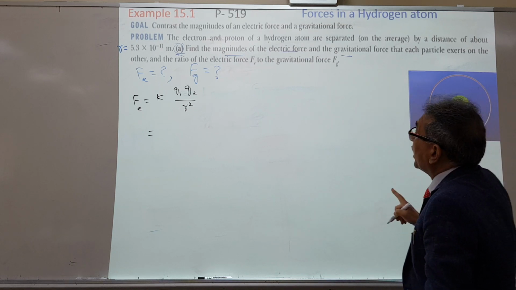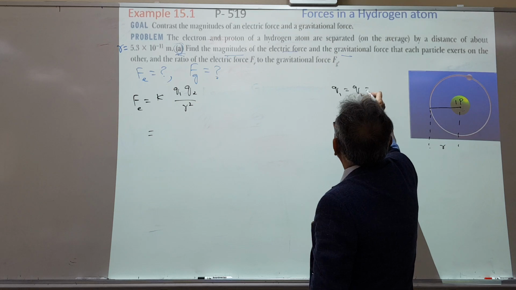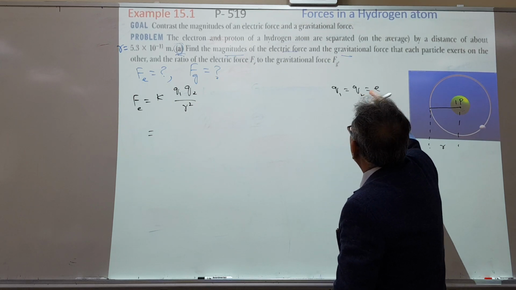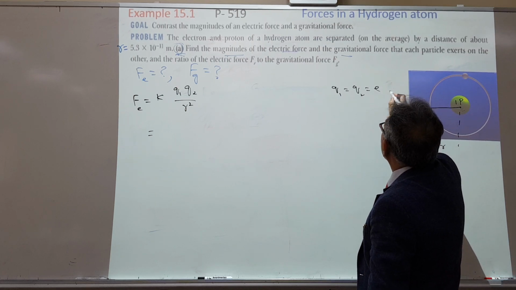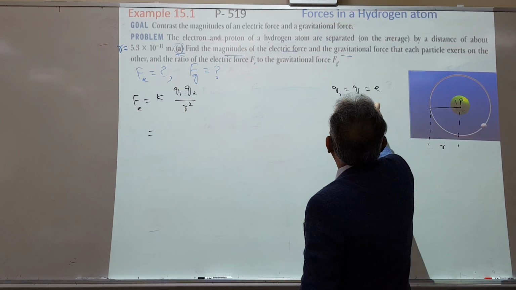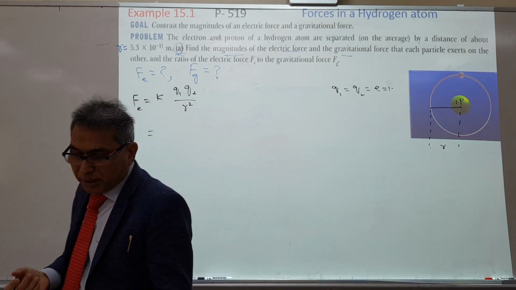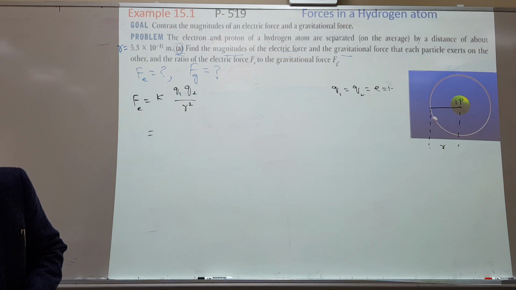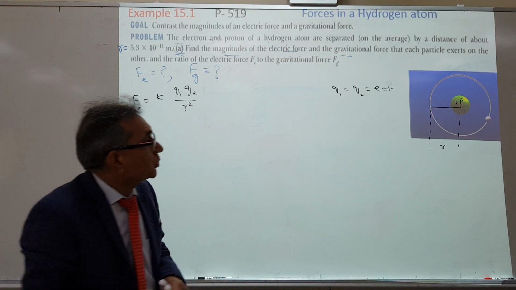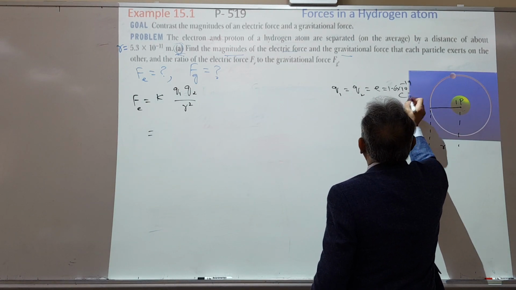Alright, now you know that Q1 and Q2, the charge on the electron and proton, both are the same, which is equal to 1.6 times 10 raised to power minus 19 Coulomb.